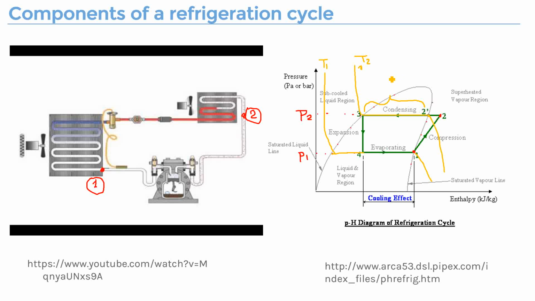So if you draw a vertical line, that will be your enthalpy value, H2. You can read it from the table, or find it from the chart.